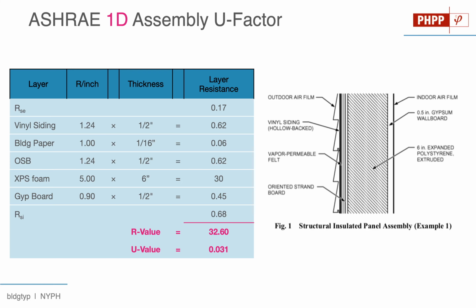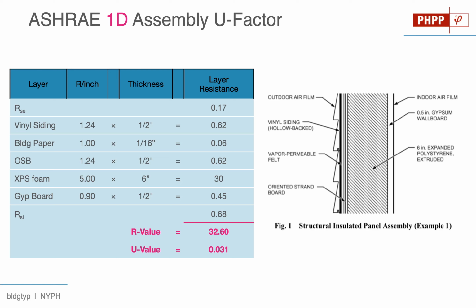Then the XPS foam layer, the expanded polystyrene layer, has an R per inch of 5, so a much higher R per inch, and it's a lot thicker, at 6 inches. So you can see there, that gives us a total layer resistance of 30. And then lastly, we have our gypsum board, an R per inch of 0.9, total thickness of ½ inch. That gives us a layer resistance of 0.45.